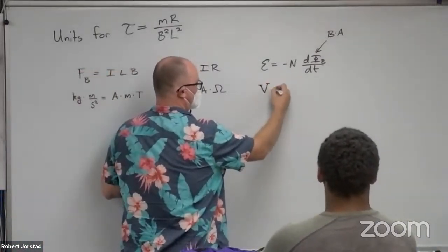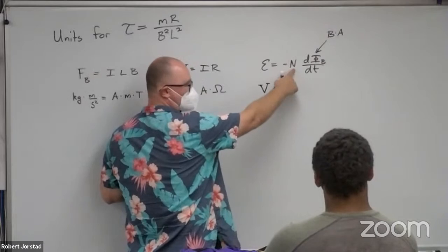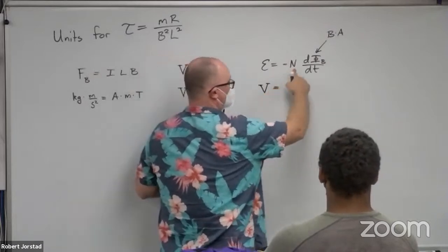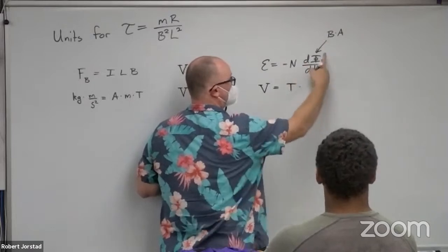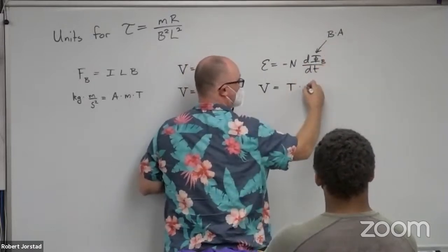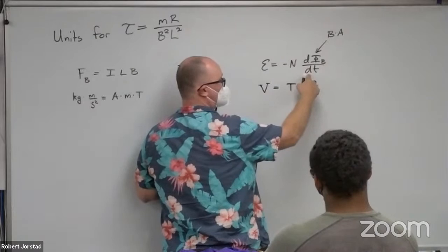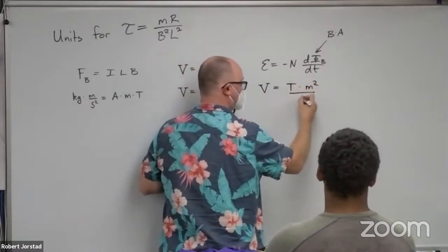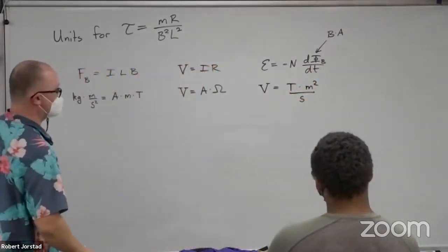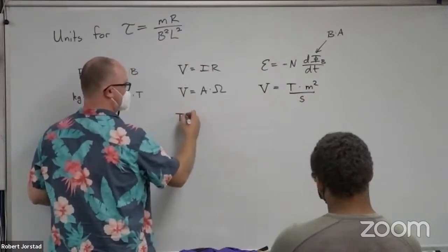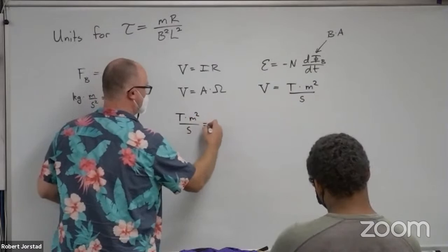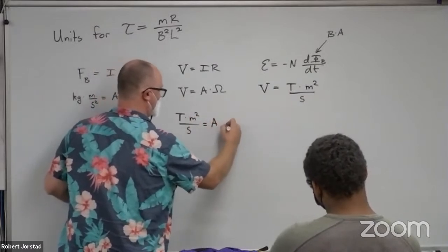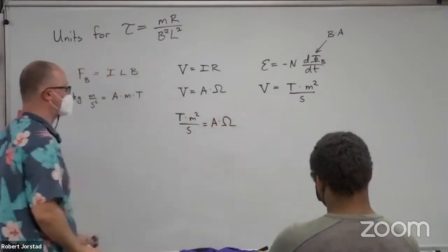Let's see, E is in volts. What are the units of number of turns? Nothing. So what are the units of B? B is in Teslas. A is just a meter squared. And dt is time, seconds. Got it. Do you agree that a Tesla meter squared per second is equal to an amp ohm? Yes.